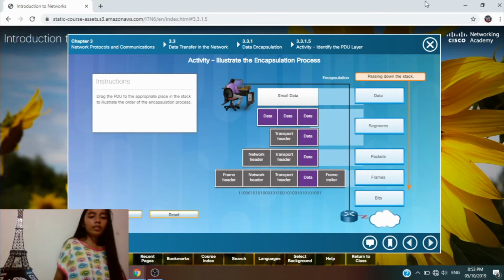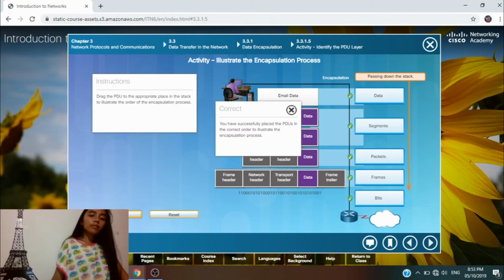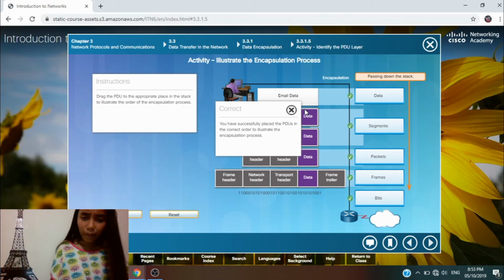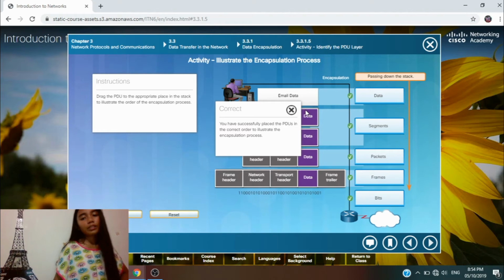For the bits, we have that one. So let's check if my answers are correct. That's correct. So we place the correct PDUs in the correct order to illustrate the encapsulation process.